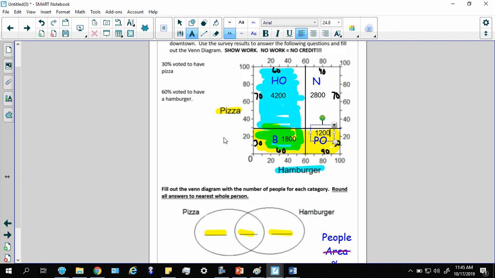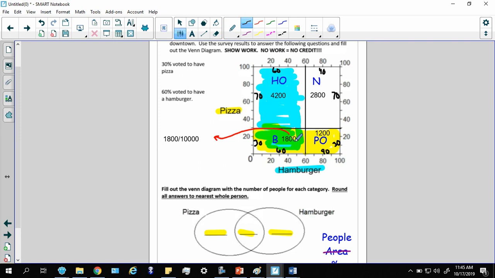All right, now, here's the thing, guys. Off to the side, I told y'all, for example, both. The both section, take 1,800, and then divide that by 10,000. Now, if you really want to keep things simple, watch this. See the 1,800? Just erase the back two zeros here, and it's going to be 18%.